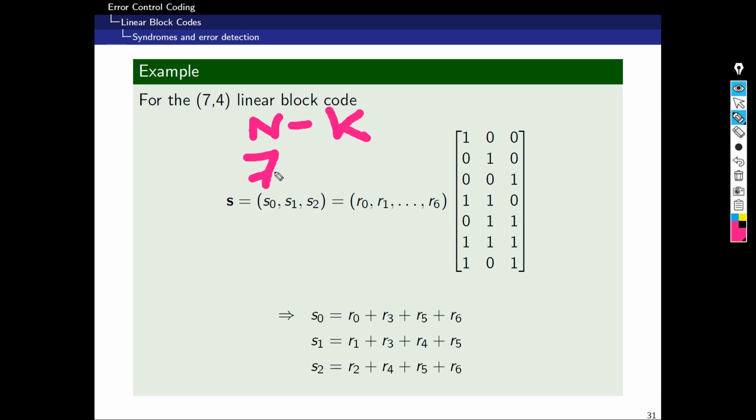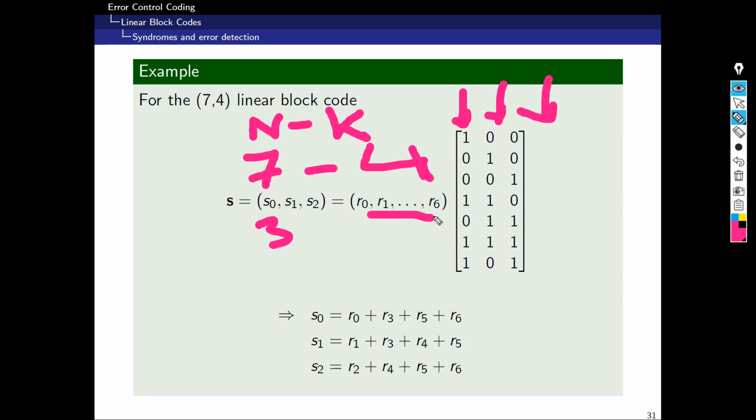If n is 7 and k is 4, the length of the syndrome will be 3, as you can see here. So the syndrome S0, S1, S2 is equal to the multiplication of the received vector with each column of H.